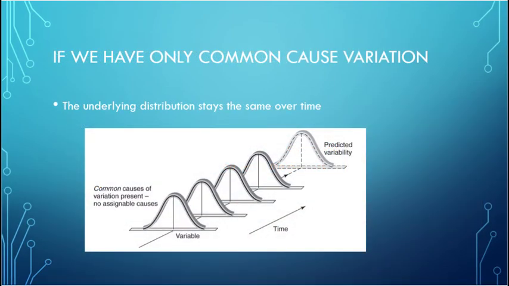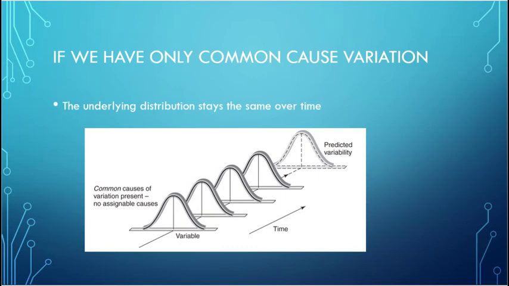This concept of the underlying distribution is kind of fundamental to what we mean when we say the process is in control. So this chart is showing that we gather data in groups over time. Each of those random samples represents an underlying distribution. If our process is in control, then each of those samples is represented by the same underlying distribution.